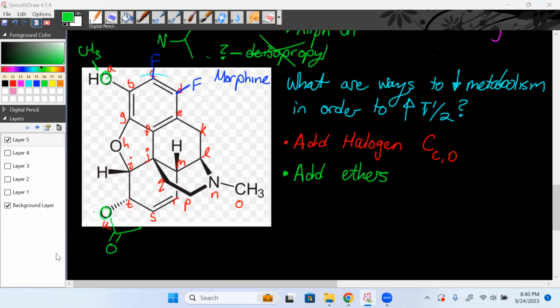So what else could improve the half-life? Add esters or ethers. Either one is valid.